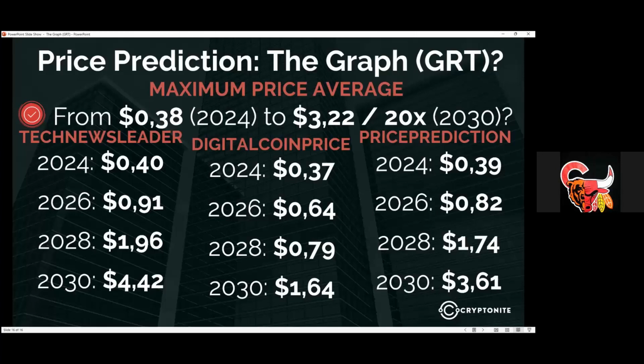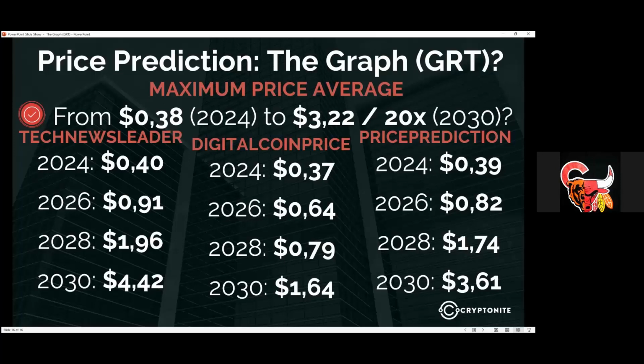And then by 2030, we should be along the lines of $3, $4, potentially more, potentially a lot more, because it all depends again on the usage. It depends on different things. But knowing that the all-time high was 2.80, we would be well past the all-time high, and we could be at $4, $5, $6.